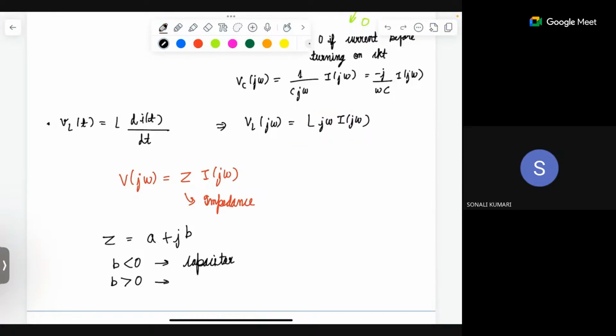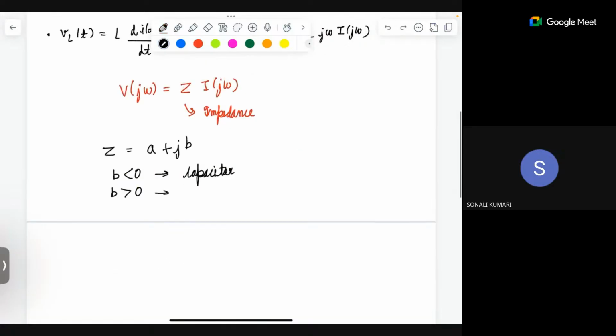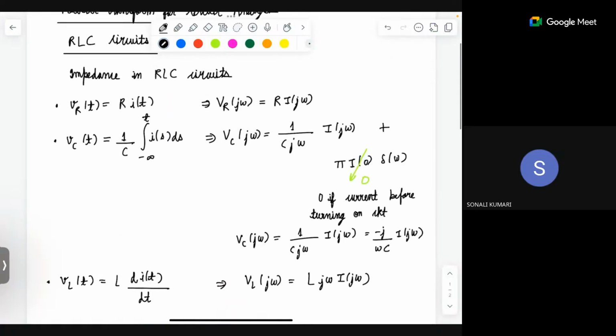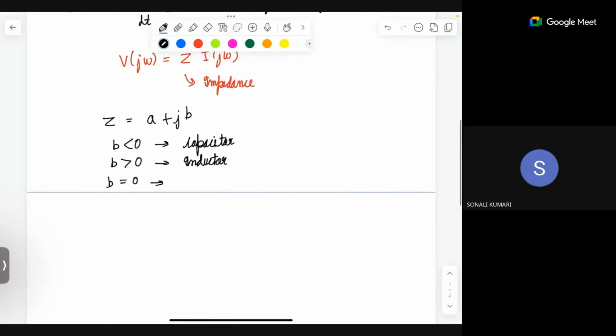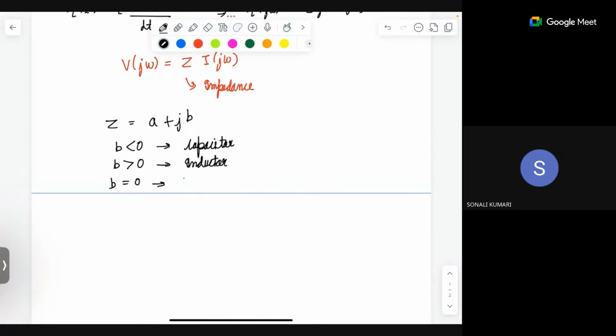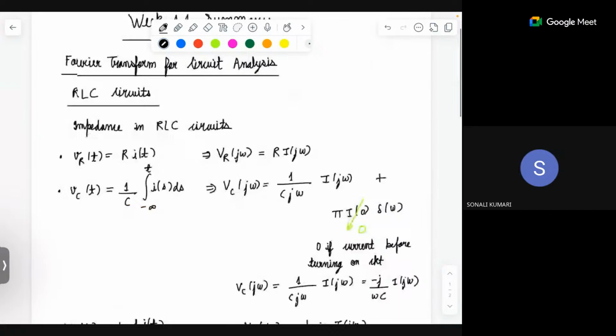So B greater than 0 corresponds to an inductor. And if B is equal to 0, the first resistor case, I have a resistive circuit. So this was some of the basics about RLC circuits.